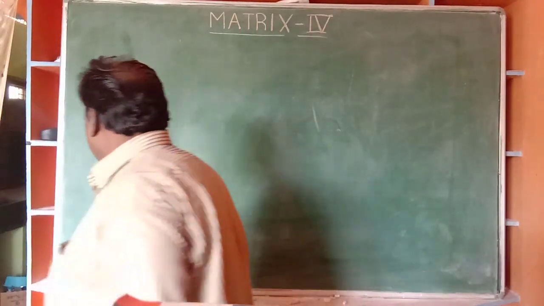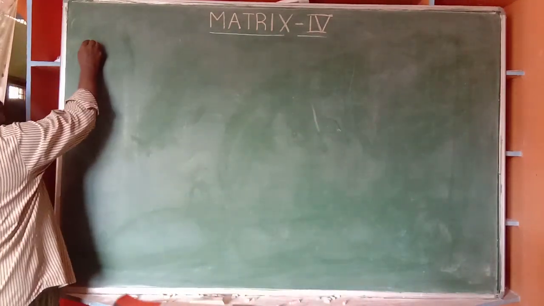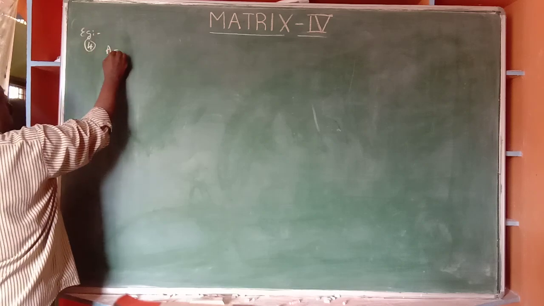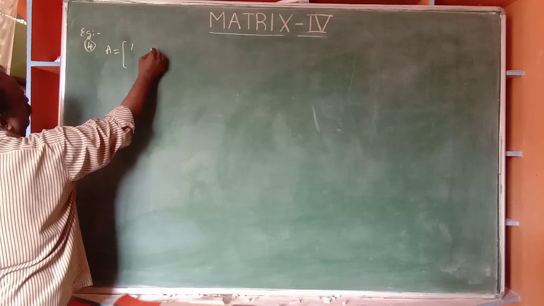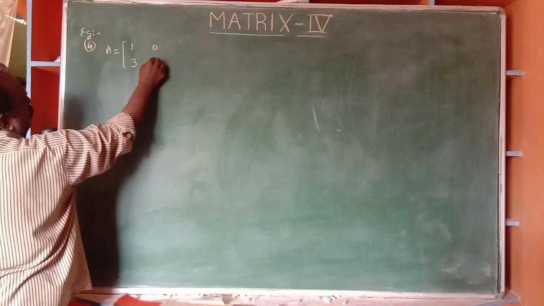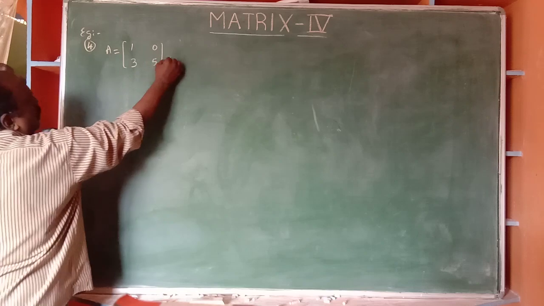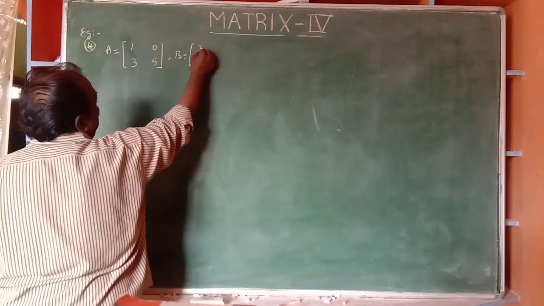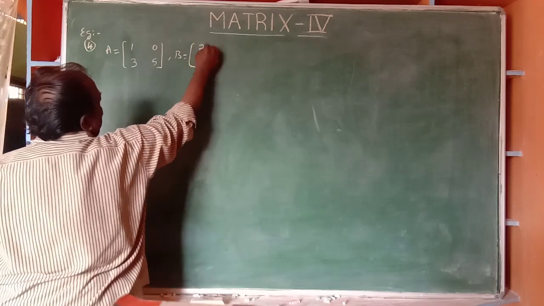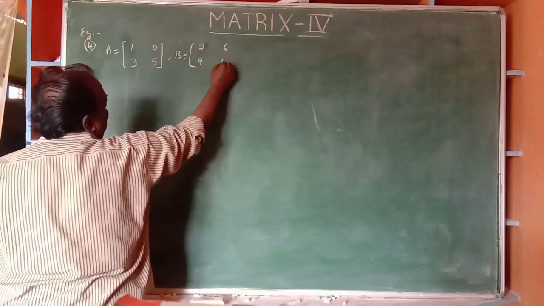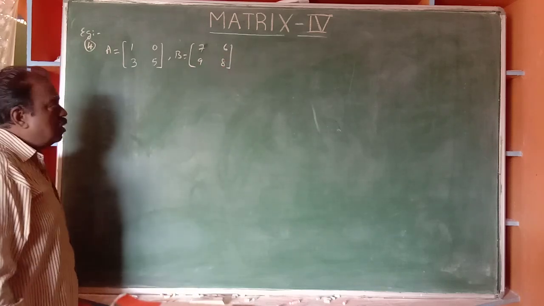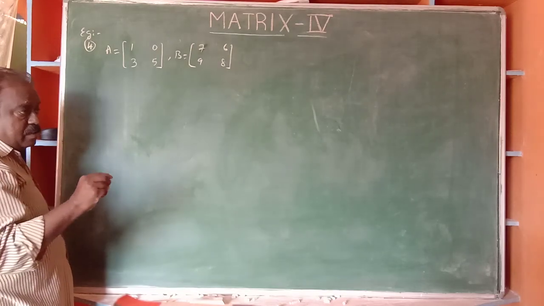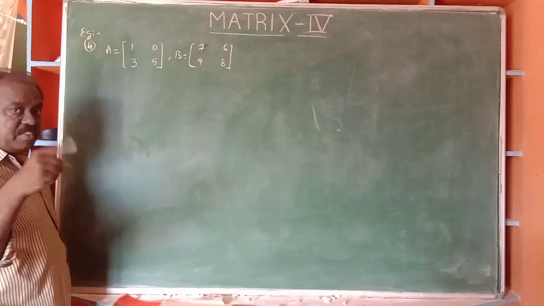Okay. One more example. A is equal to 1, 0, 3, 5. B is equal to 7, 6, 9, 8. Here the two concepts, addition of matrices and multiplication of a matrix with a constant.